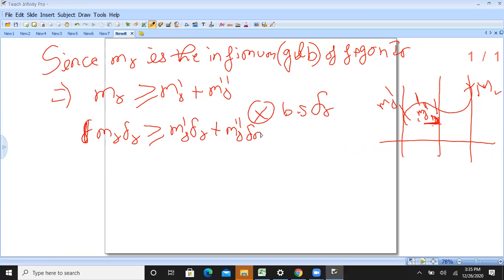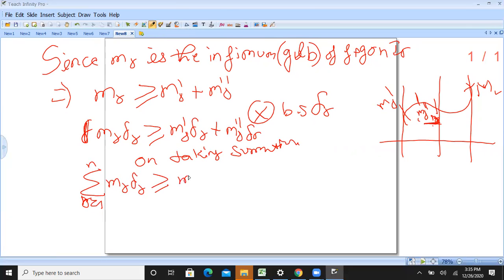So on taking summations, r equal to 1 to n, m_r into delta r is greater than or equal to summation r equal to 1 to n m dash into delta r plus summation r equal to 1 to n m double dash into delta r.